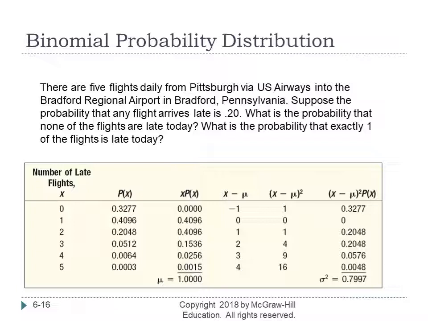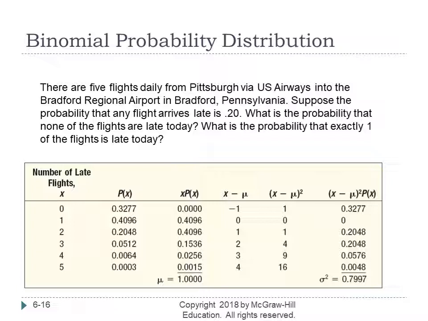Now that you have the mean, you could continue to calculate the variance. Your next column is x minus mu. For each value for x, subtract the mean, which is 1, and here is the column that calculates x minus mu for each x. Next, square each value for x minus mu. This is the column x minus mu squared.